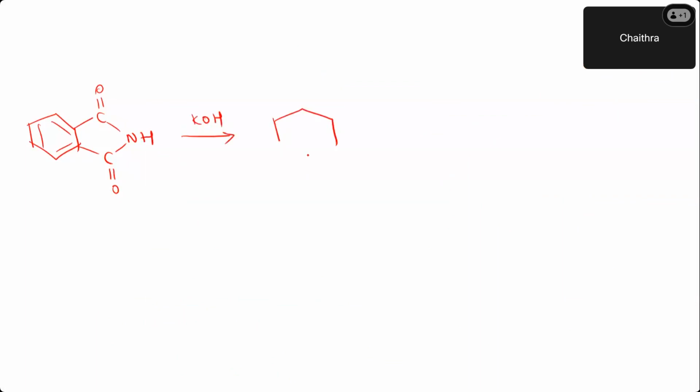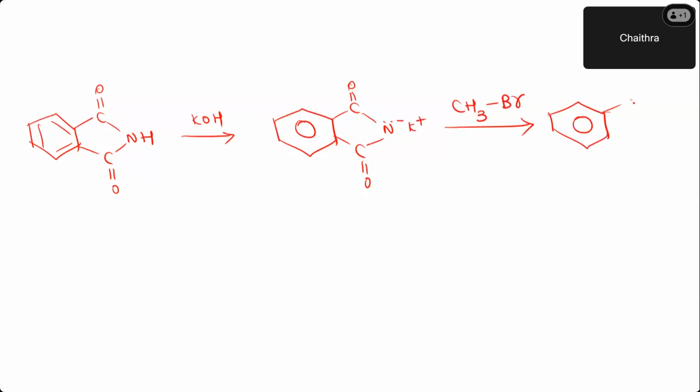You should get potassium phthalimide. Next, on the arrow mark, CH3Br. This is alkyl halide. Can you write the next product? Benzene ring is there, C double bond O, C double bond O, N. Byproduct is KBr. It went out. So you get N-methyl phthalimide.